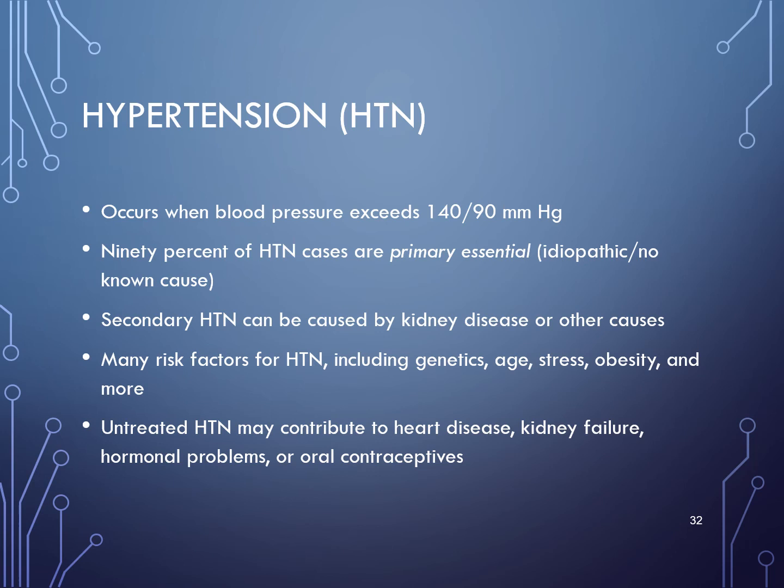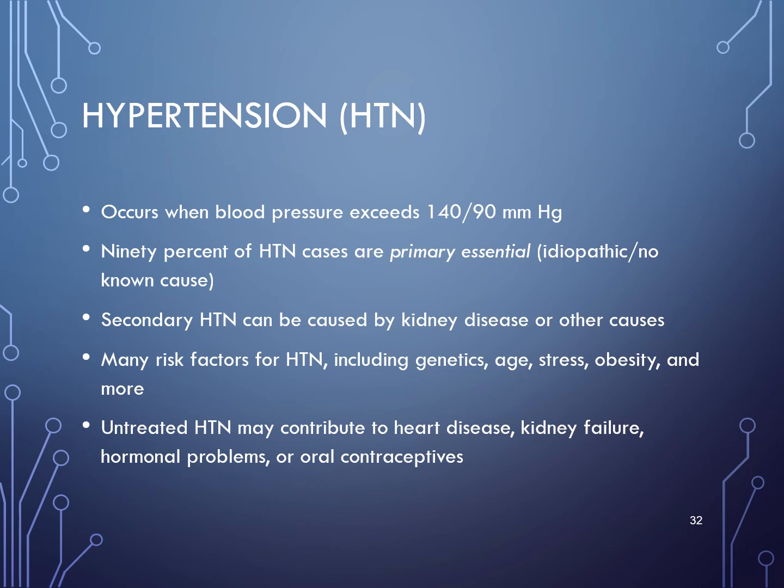When blood pressure exceeds 140/90 millimeters of mercury, then we have a diagnosis of hypertension. 90% of hypertension cases are primary essential, which means we don't know why it happens, 90%. Secondary hypertension can be caused by other conditions such as kidney disease.